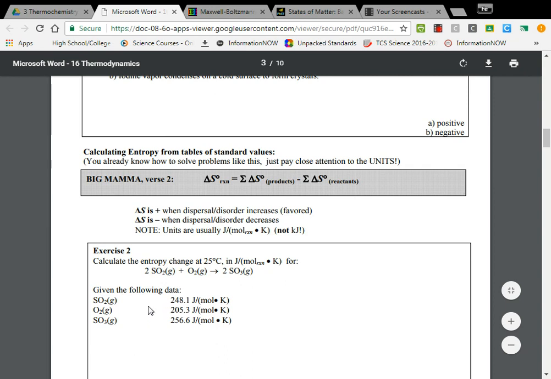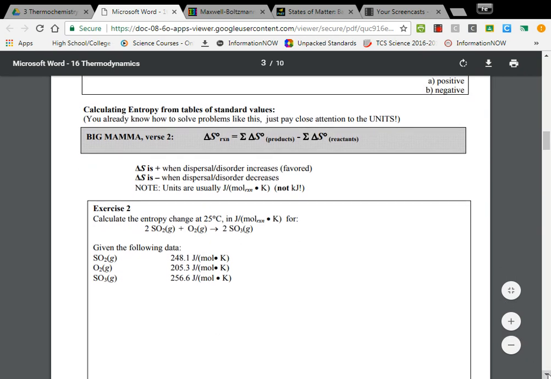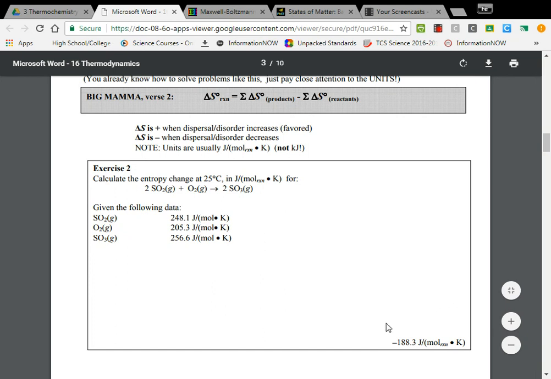You see how it actually gets a value here, unlike delta H, where it would have been 0. So 205.3. I take the sum of my products minus the sum of my reactants, and that gives me my final answer. So you can probably try to do this one on your own.